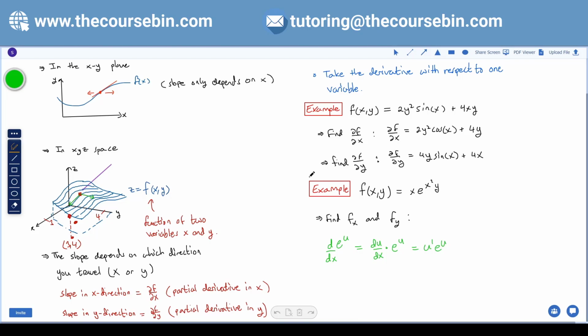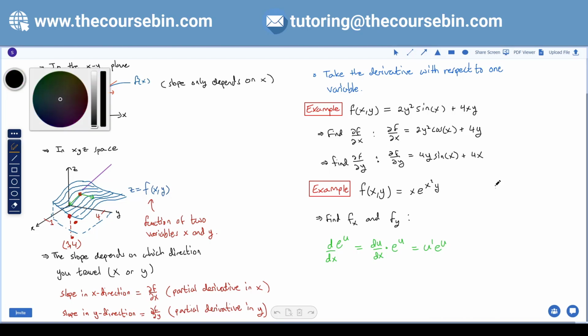Wait, so that means the derivative of u times e to the u? Mm-hmm. So 2x times e to the x squared? Not exactly. So let me show you what I mean.